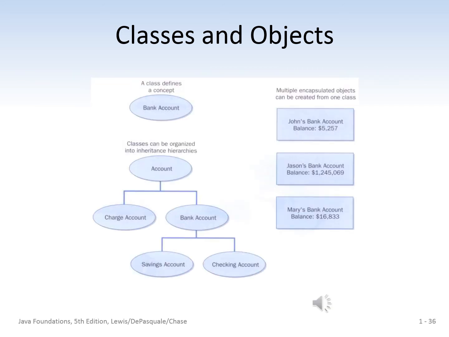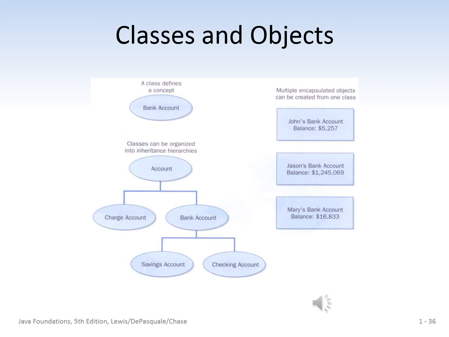Here, in our final slide of this audio lecture, we see a graphical depiction of classes and objects and the hierarchy that can exist between classes. So a class such as a bank account defines a concept.